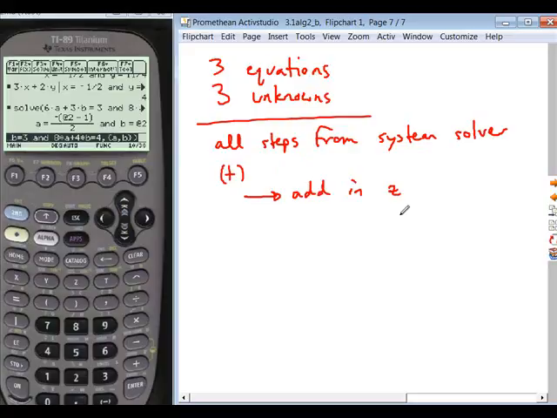So you have x, y, and z. But not always. If you have it, you add in the z.